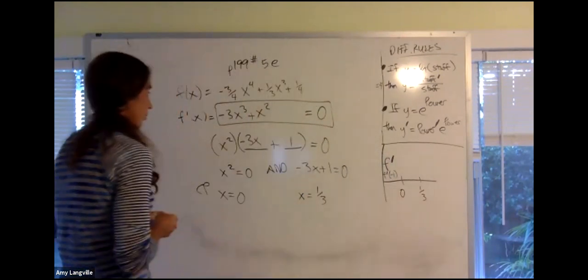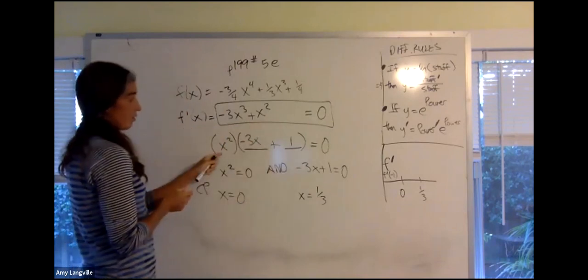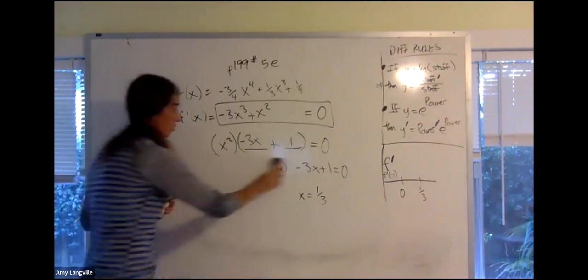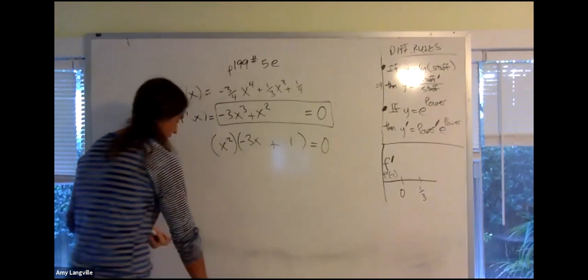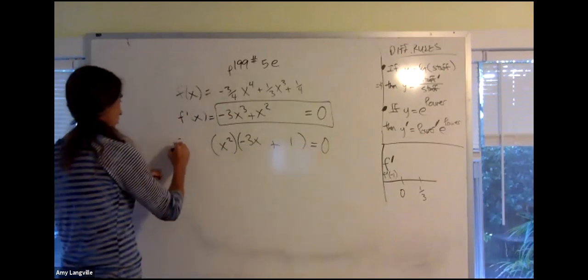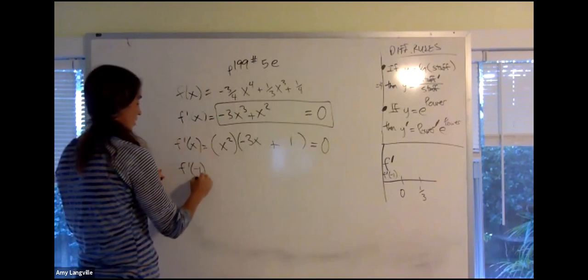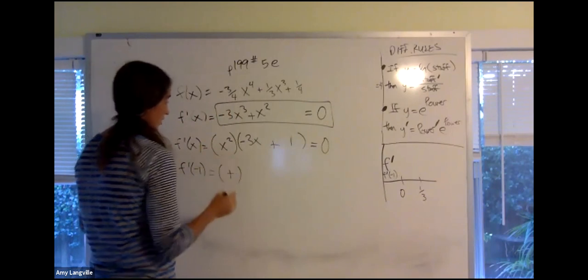So I'm going to plug into my derivative. It doesn't matter, you could do it at this line or at this line. I think it's easier when you plug in to the factored part. So this is f prime of x. We want to know what f prime of -1 is. So that's -1 squared. Doesn't matter, it's positive.